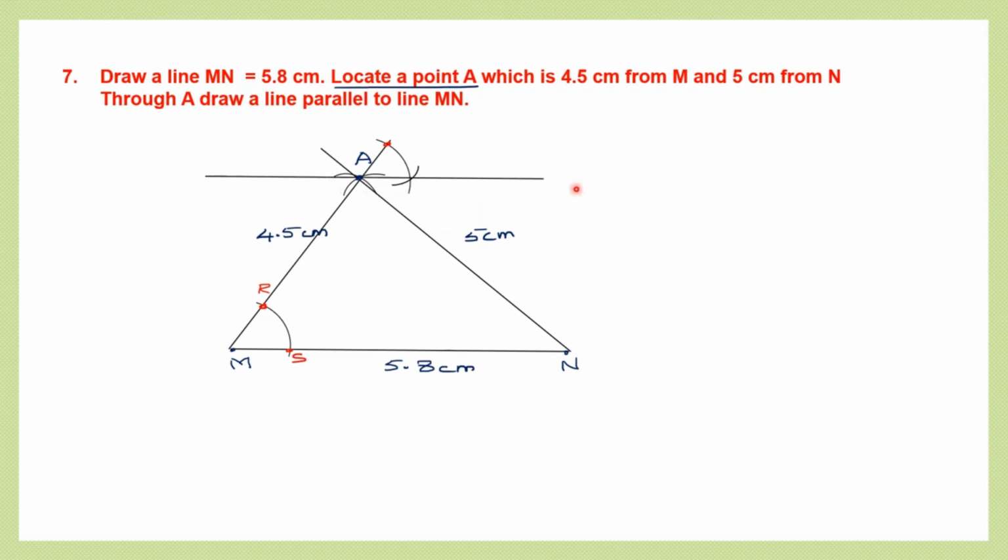So when we draw a line, we have two corresponding angles here, and since the corresponding angles are equal, these two lines are parallel to each other. So let's name the line CD, and this is parallel to MN. So CD is the required line parallel to MN, and that's what we were asked to do, and we have drawn CD, which is parallel to MN.